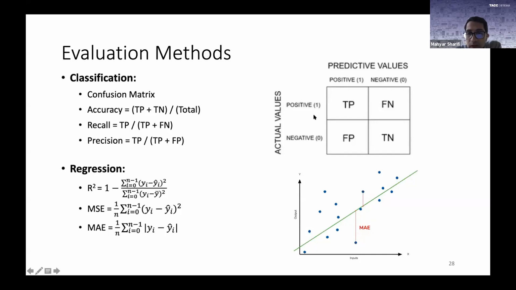The true positive is where our actual values were positive and we predicted them correctly to be positive as well. False negative is the case where the ground truth was positive, but our model mistakenly predicted it to be negative. False positive is the bad case where the actual value is negative, but we mistakenly predicted it to be positive.